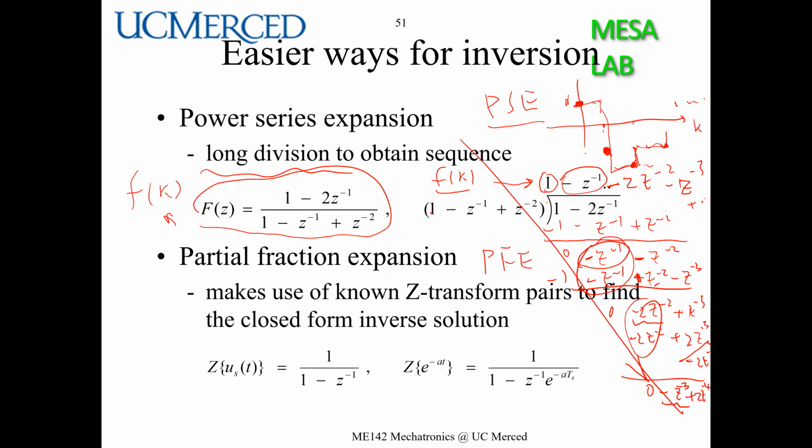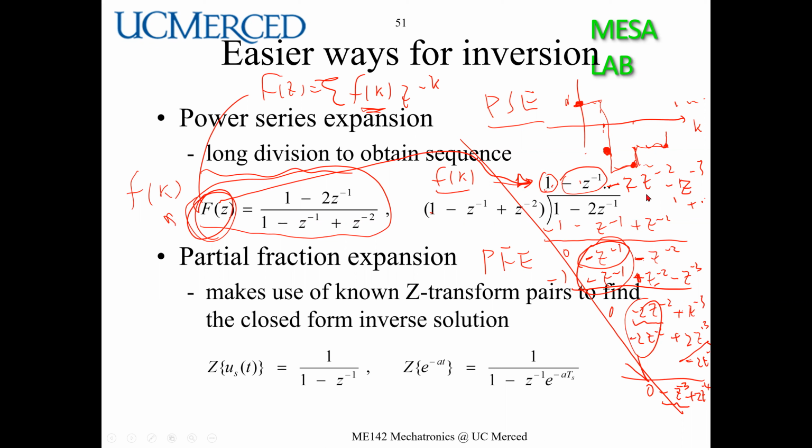Remember, long division is an expression of F(z). According to the definition, F(z) is the sum of f(k) z^-k. So that's why you can retrieve the coefficients of f(k) from these coefficients. Do you see that?